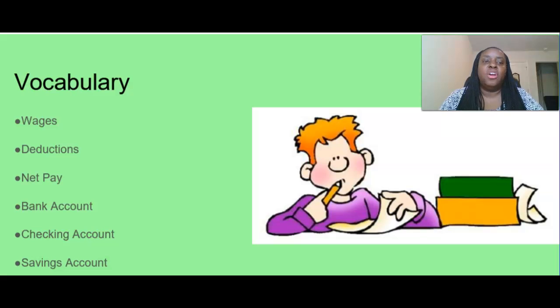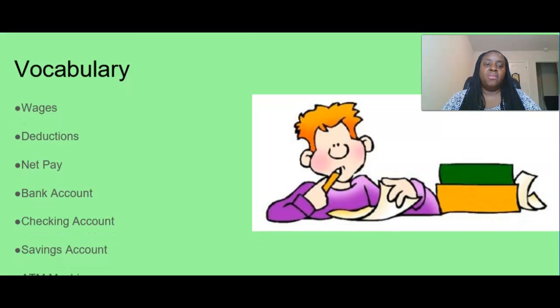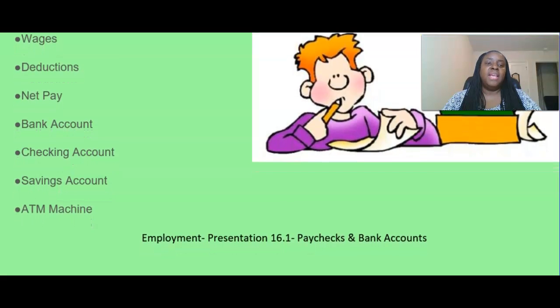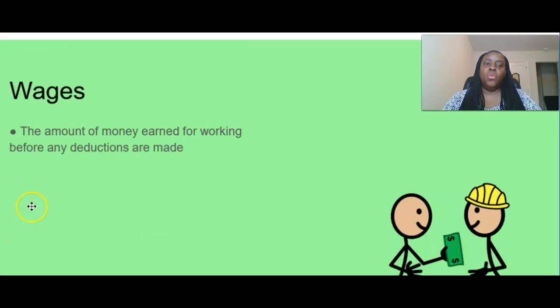As we just discussed, our vocabulary words: wages, deductions, net pay, bank account, checking account, savings account, and ATM machine. Wages. What are wages? Wages are the amount of money earned for working before any deductions are made.